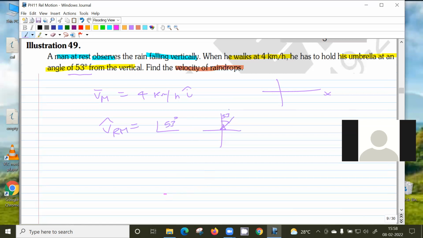Velocity of man is towards right. Velocity of rain with respect to man is this way.